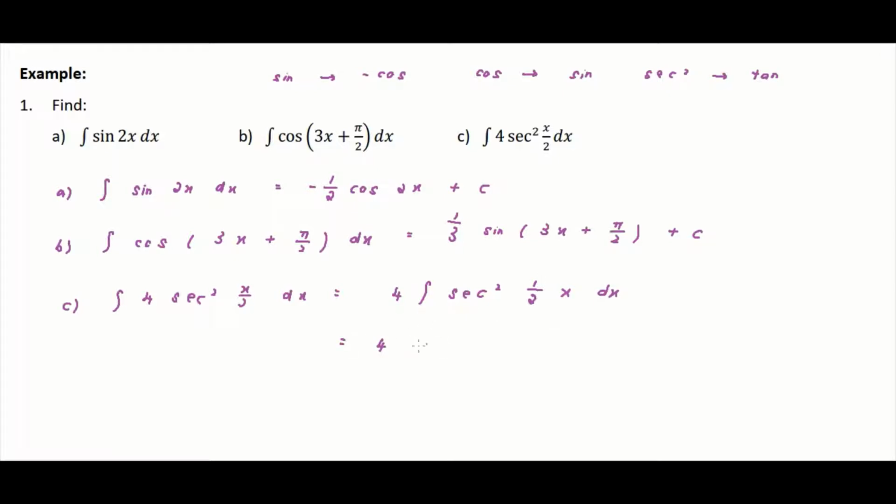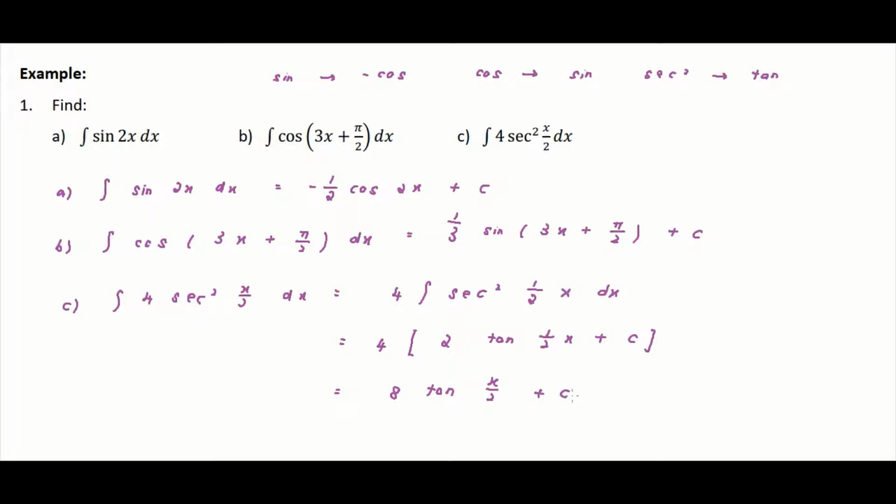So for 1 over 2 x, after you differentiate, you get 1 over 2. So when you divide by 1 over 2, you get 2. Then secant squared will become tangent. The function here stays the same, x over 2, and then don't forget plus c. So you just multiply, then you get 8 tangent of x over 2 plus c.